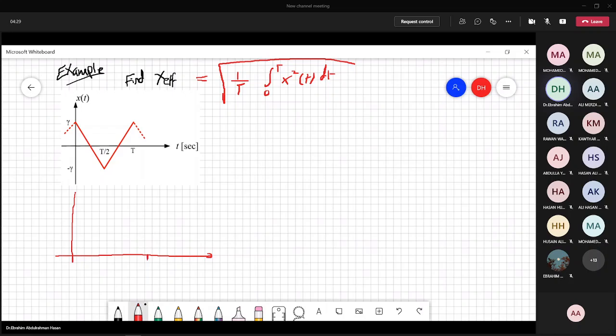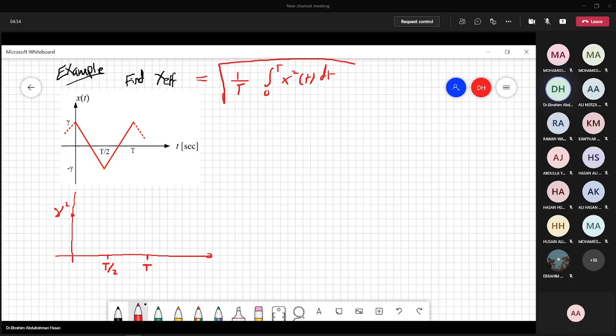This is T. This one is T over 2. This is a constant, we called it gamma. So at 0 it will be equal to gamma square. This one is T over 2, then this one is T over 4.